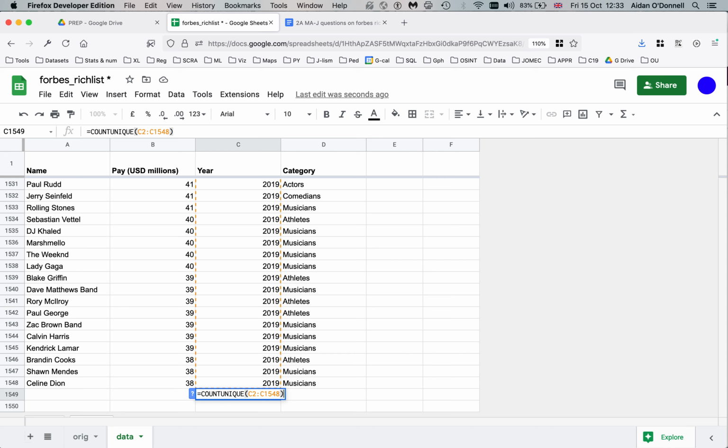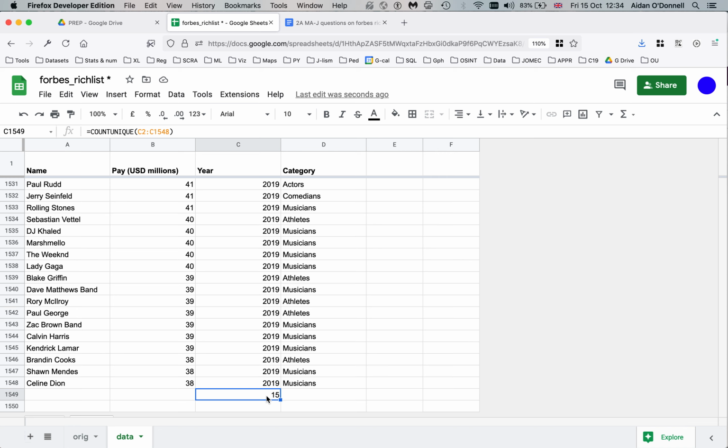So it will count 2009 once, and then next time it gets to a different year, 2010, it will count that as number 2. So how many different years are there in all of these is the question we're asking, and the answer is 15. Okay, because it goes from 2009 through to 2019.